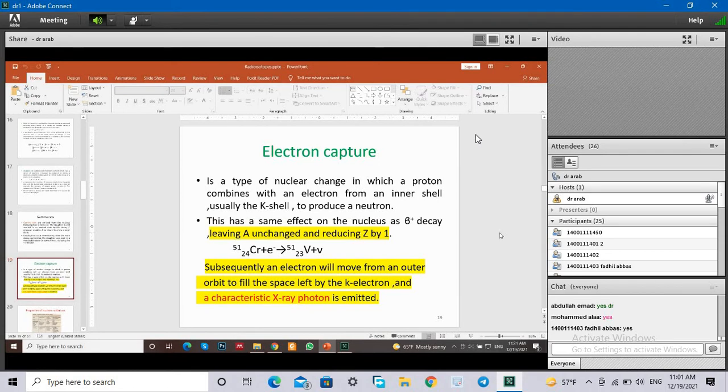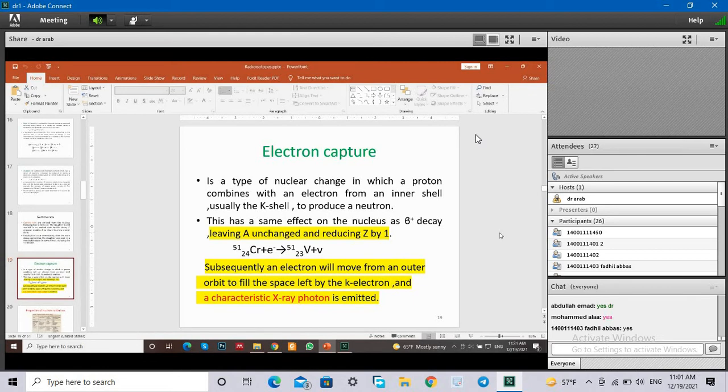But there is some exception. When the difference between energy levels of mother and daughter is lower than 1 to 2 mega electron volt, decay of the mother radionuclide cannot accomplish with positron emission, and in this situation we have electron capture.